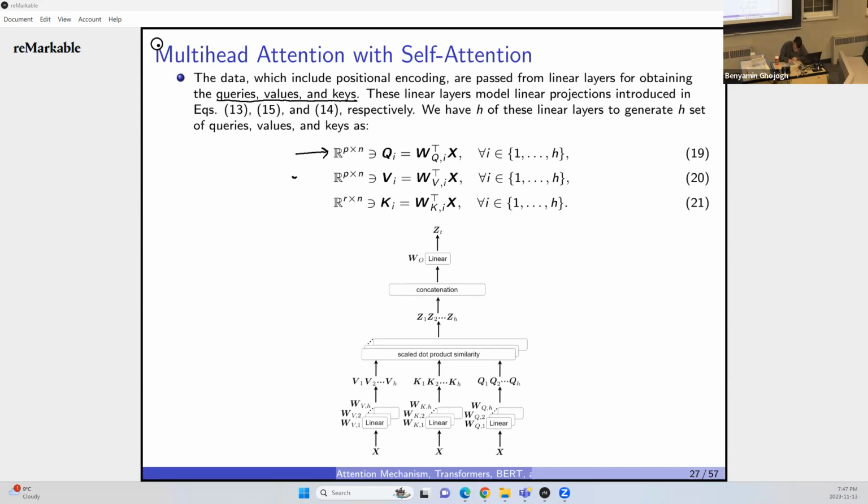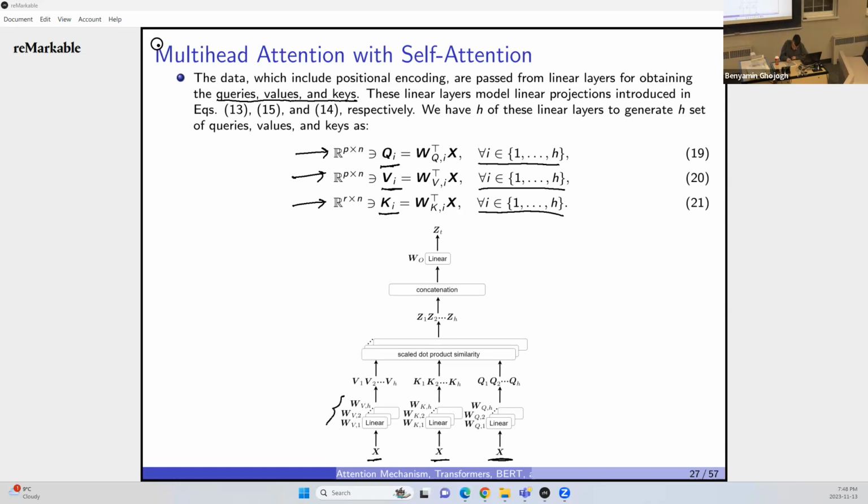Do you remember we calculate these matrices of query, value, and key, and we do it h times because of h heads. It's multi-head, so as a result, I don't have only one q. I have q1 to qh, v1 to vh, and k1 to kh. I have the same x's as you see. That's why it's called self-attention.